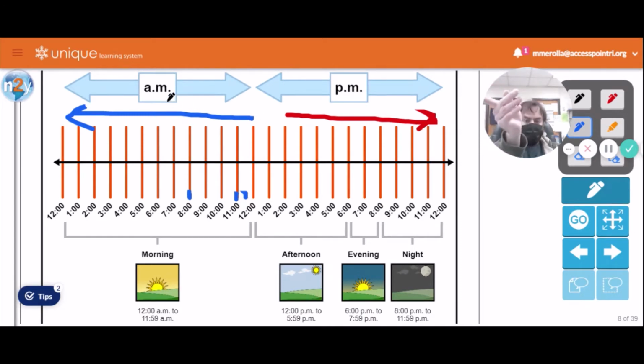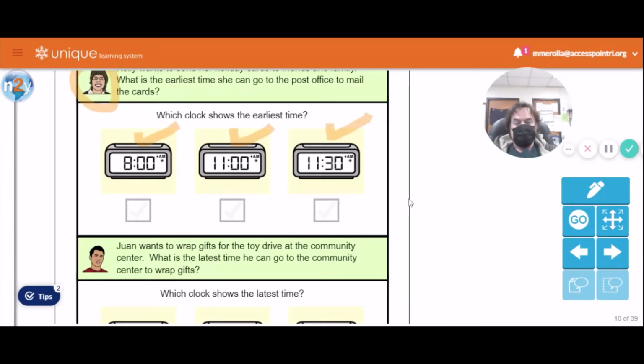Okay, the further we go over to the left, the earlier it is. So the earliest would be 8 a.m. Okay, 8 o'clock in the morning. So the earliest Kelly could go to the post office would be 8 o'clock in the morning. All right.